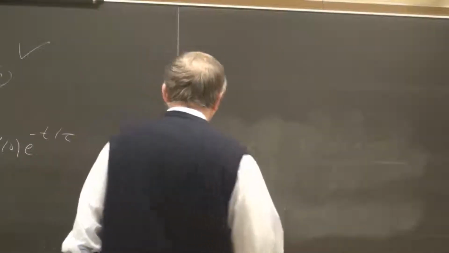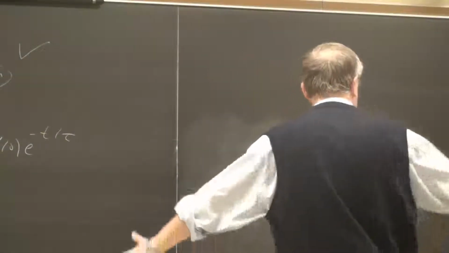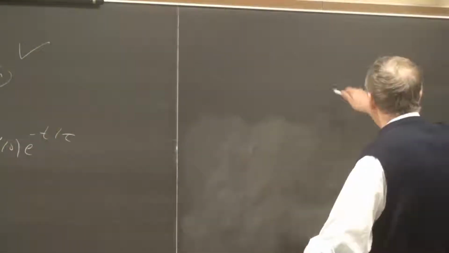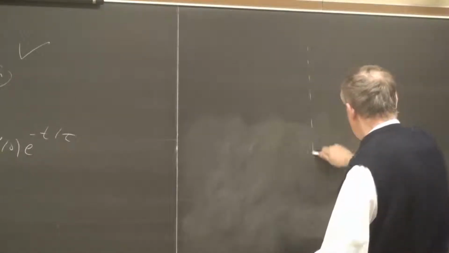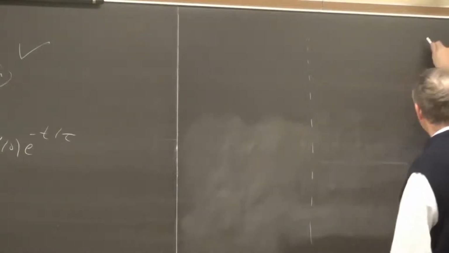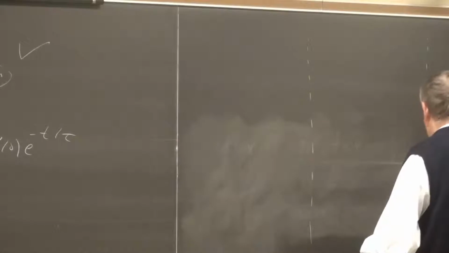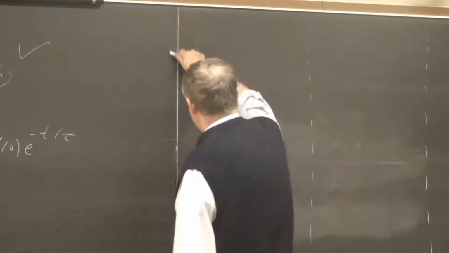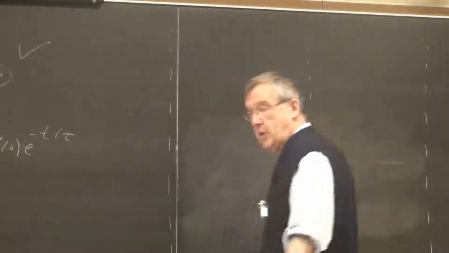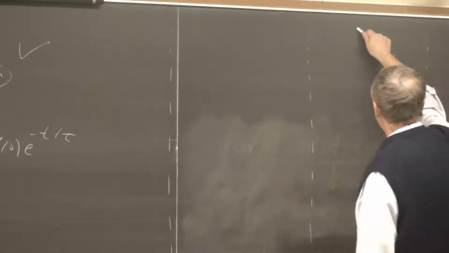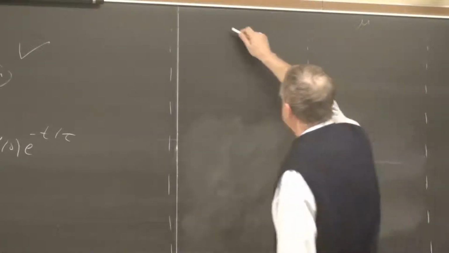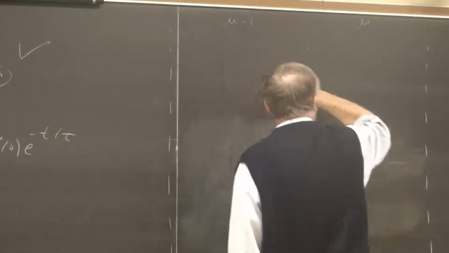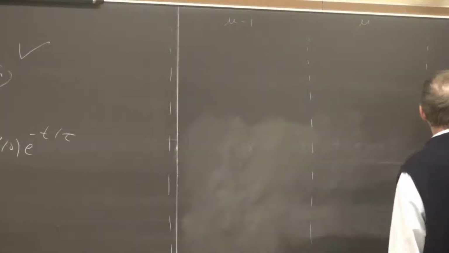And so now I need the whole board here. And what I do is I divide the neuron, the dendrite, up into sections that I number from 0 to n. And here I have my section mu, and here I have my section mu minus 1, and here I have my section mu plus 1.